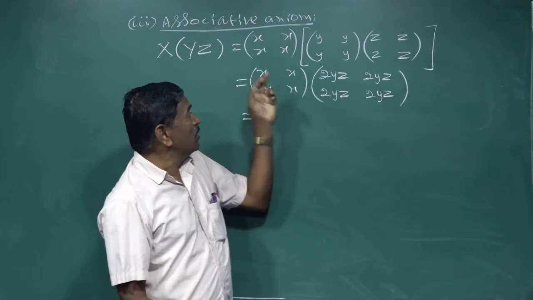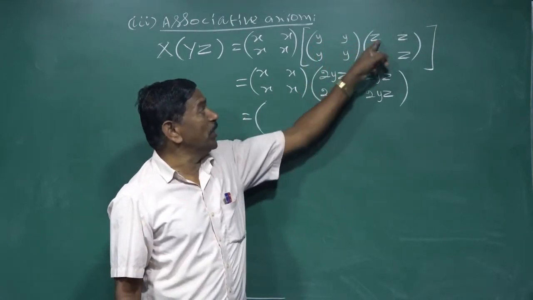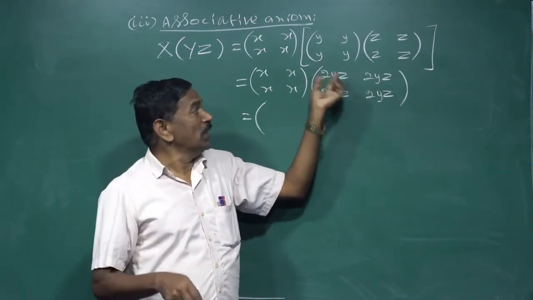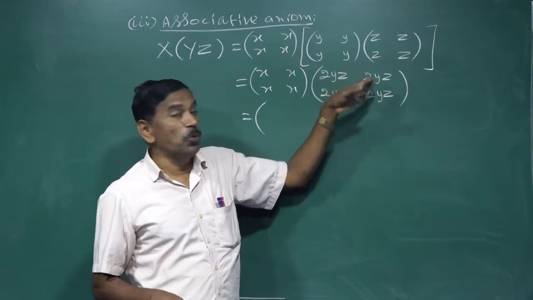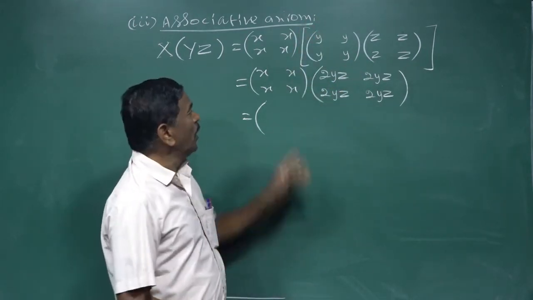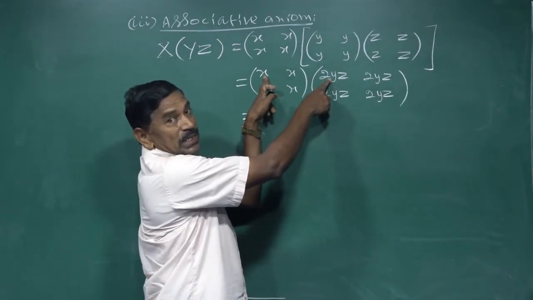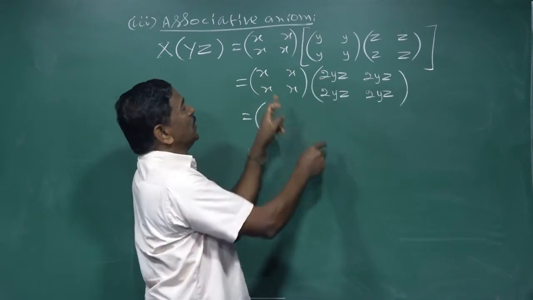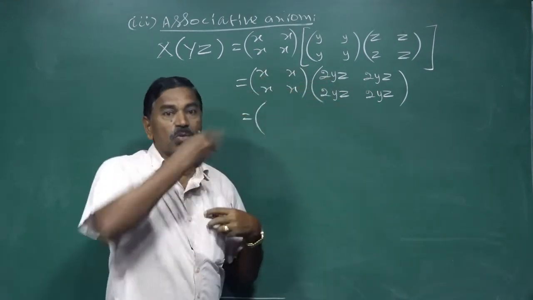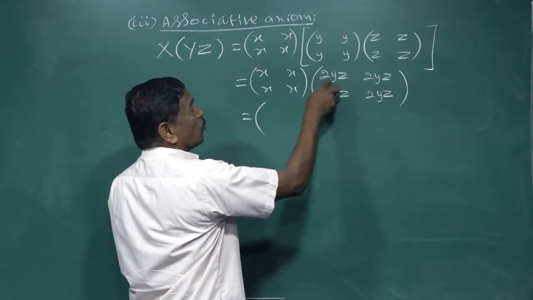Similarly, the technique is that for y into z we write an extra 2. This answer we already proved from the closure axiom, and now we use it directly. Now x into 2yz equals 2xyz, but the extra 2 we want to multiply, so 2 twos are 4xyz.